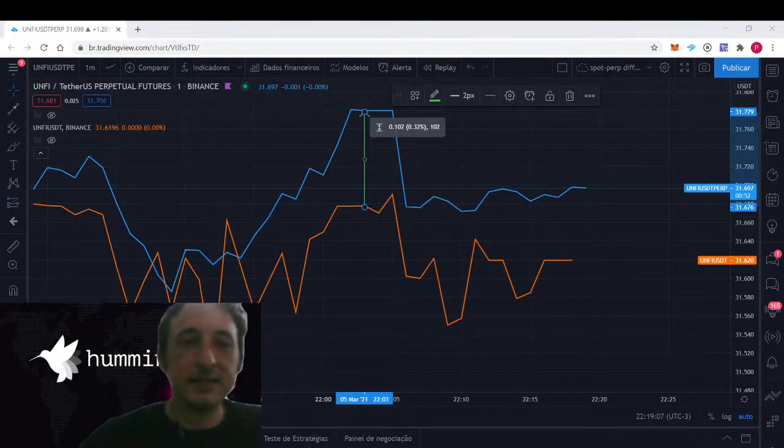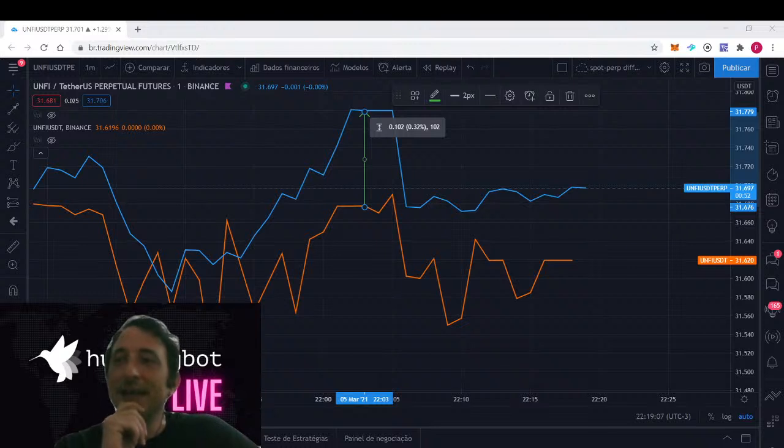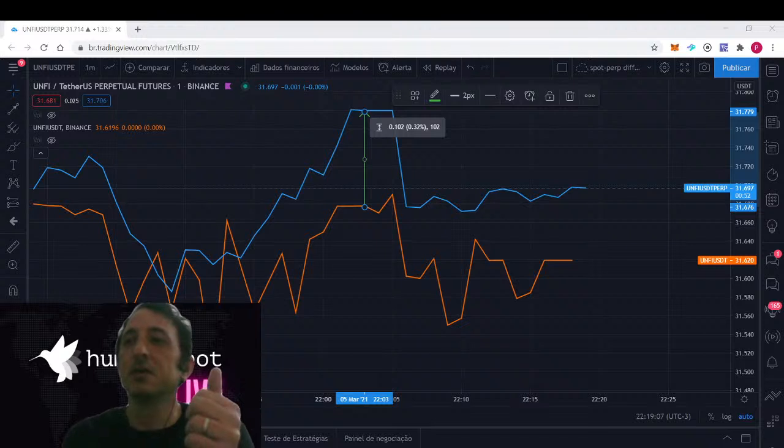Okay, so I see a question about the 10x leverage. It isn't exactly a lot, because it mostly depends on how big your margin on the perpetual is, because the size of the order on the perpetual will be proportional to the size of the order on the spot.